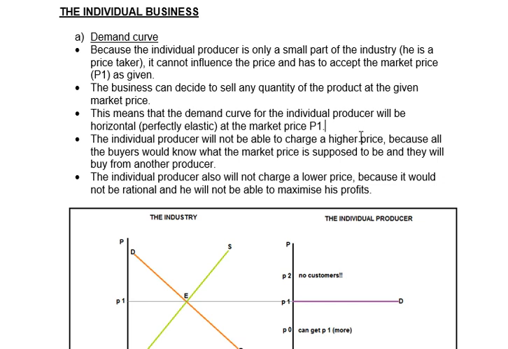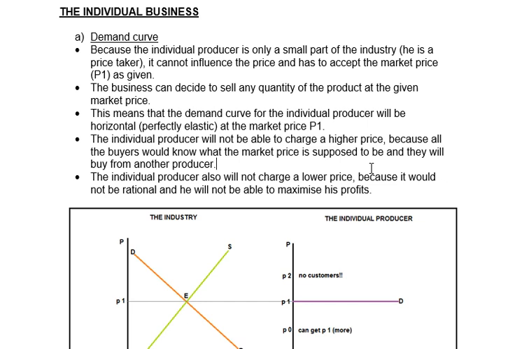Okay, now we said yesterday, or the day when we did the second lesson, that the individual producer will not be able to charge a higher price, okay, because in the perfect market there is perfect information. All the consumers, the buyers, know what the market price is.